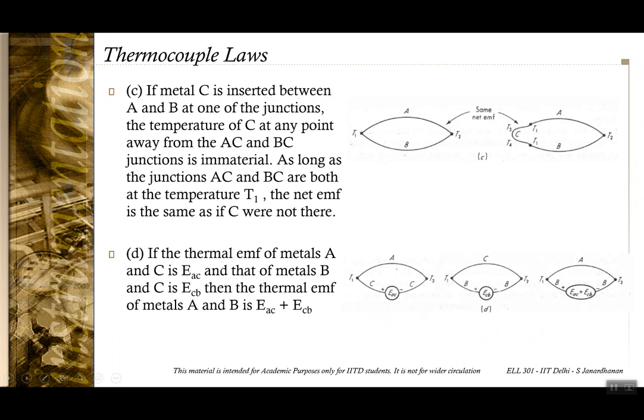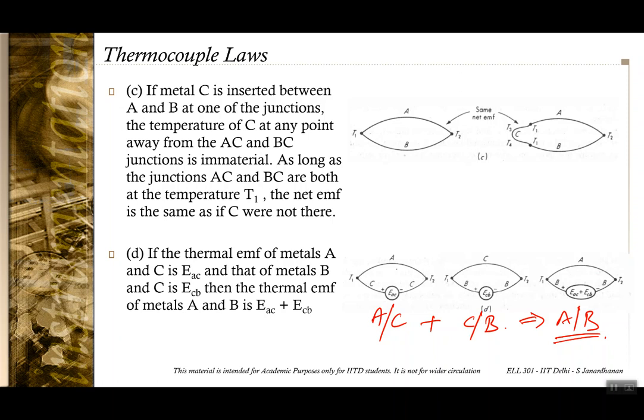Okay, so the fourth law is that if you have different materials, so you have C here, this is between A and C, this is between C and B. If you add these two EMFs, the resultant is the same as the thermocouple with the two junctions being formed between the material A and material B.